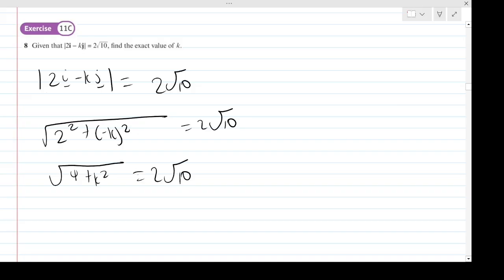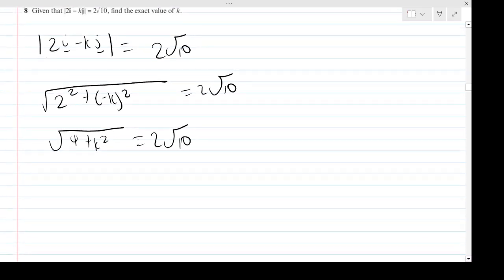Now at this point we can effectively square both sides, right? To get rid of the square roots. So then we can say that k squared plus 4 is going to be 2 root 10 all squared. And so that's going to get us, if I put 2 root 10 in the calculator, all squared, I get 40.